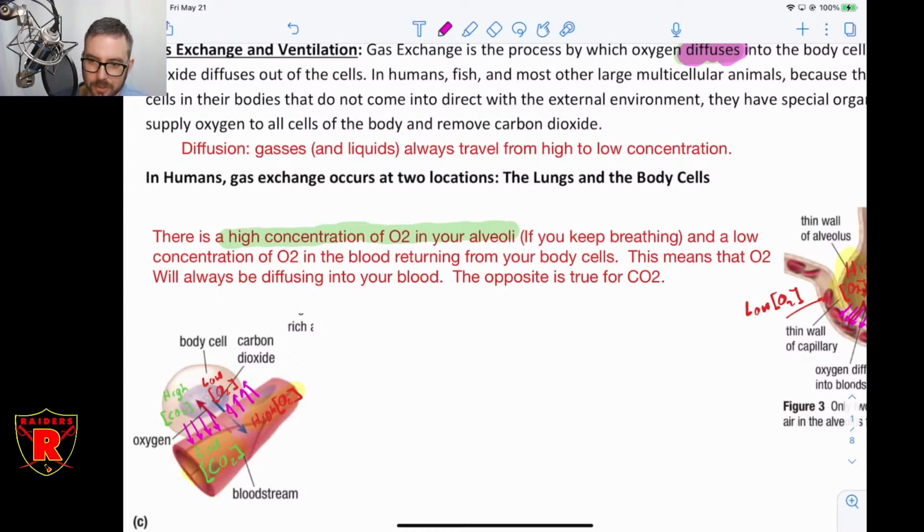I'll give you a second to write this down. And also, while you're writing that down, if you have any questions about this process, something is not clear, please say something. It's kind of an important concept in biology.